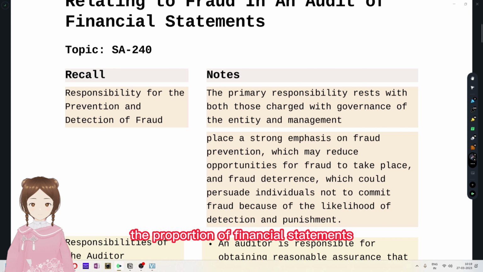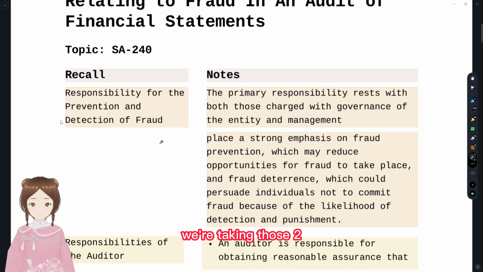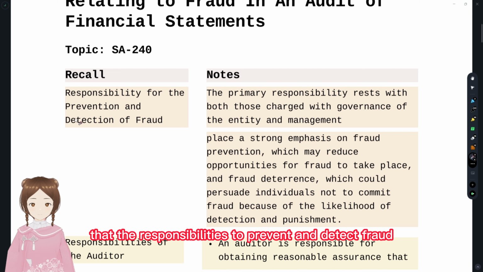Moreover, the preparation of financial statements is also the responsibility of the management. Taking those two, we conclude that the responsibility to prevent and detect fraud lies with the management.